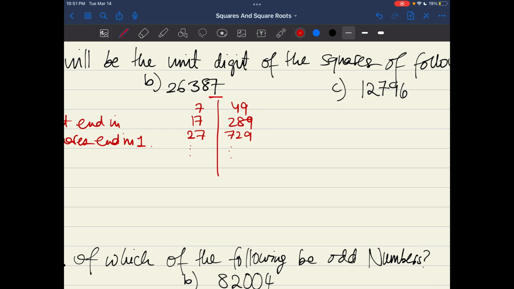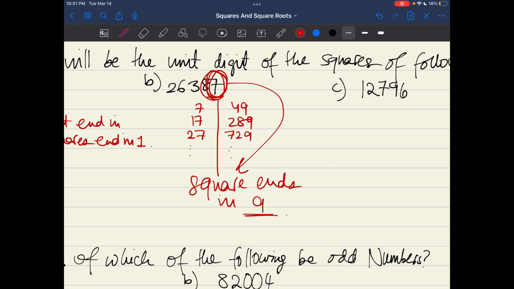We notice that for the numbers that end with 7 or have unit digit of 7, they have squares that end in 9. So the unit digit in the square of this number will be 9.